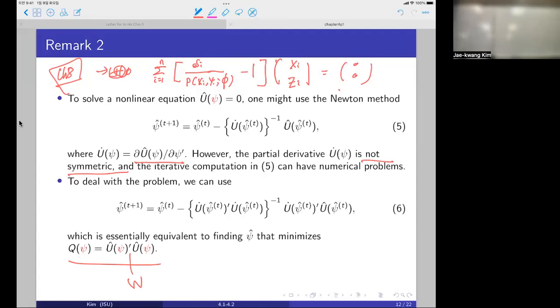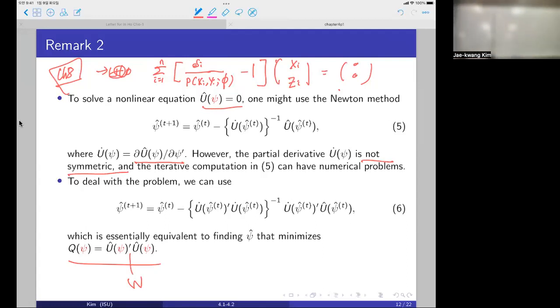Well, here the point is that we already started by assuming the just-identified situation. You have the same number of unknowns and the same number of equations. So then these two solutions are equivalent.